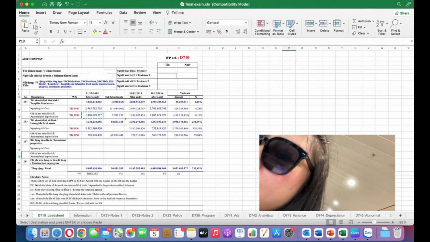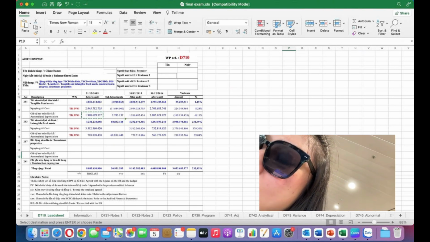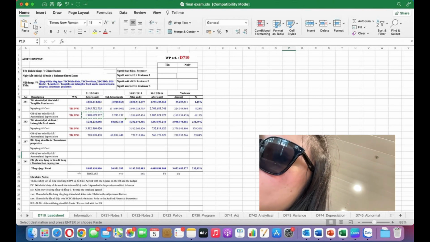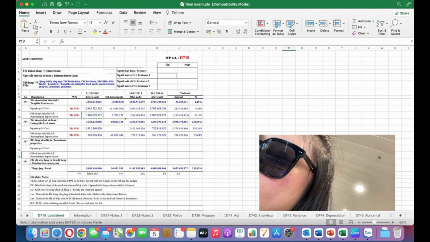I will present working paper D710, which summarizes and analyzes the plan of fixed assets, construction in progress, and investment property as of December.